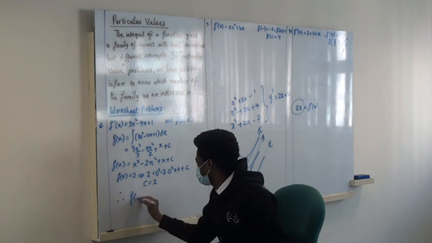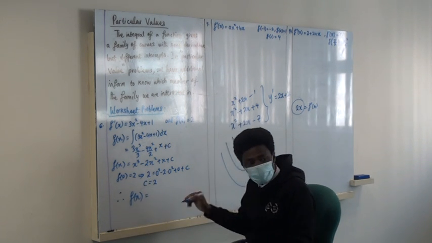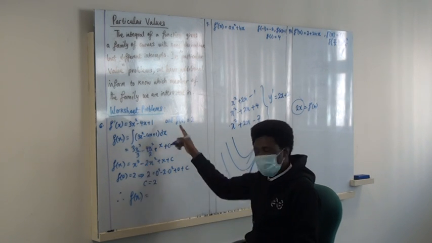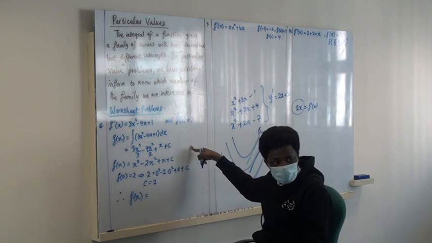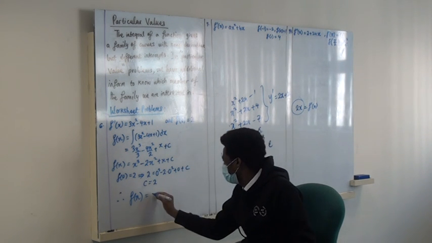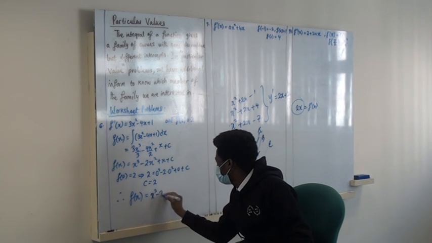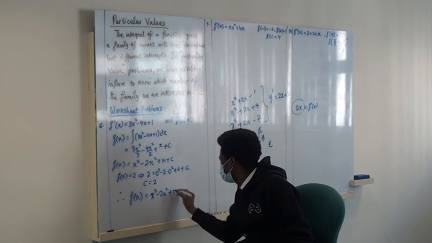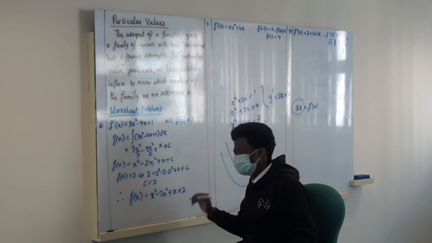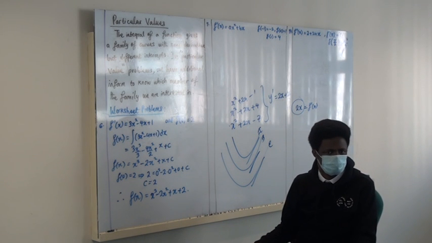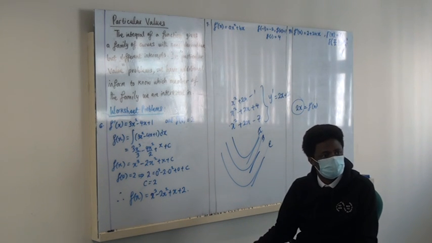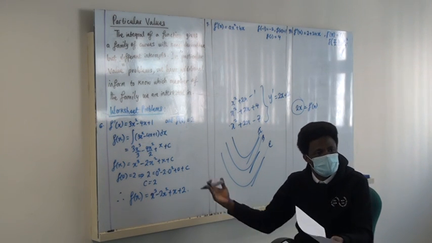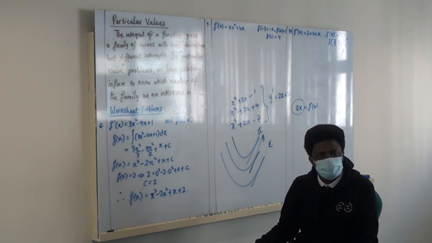Therefore, the particular function you are talking about, among this family of curves, parallel curves, if we may use that terminology, is x cubed minus 2x squared plus x plus 2. Now you are getting a specific curve. That's all. You can see it's not a new idea. It's just a combination of what you have done before with substitution from lower grades.